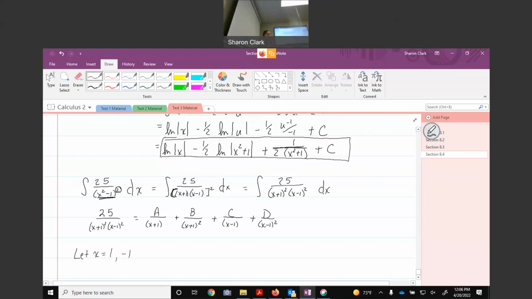Why? Because it cancels some terms out, because when you do your product across, you're going to have A times, and I don't FOIL it. For this step, I just did 25 equals A times x plus 1 times x minus 1 squared plus B times x plus 1, x minus 1, and so on.